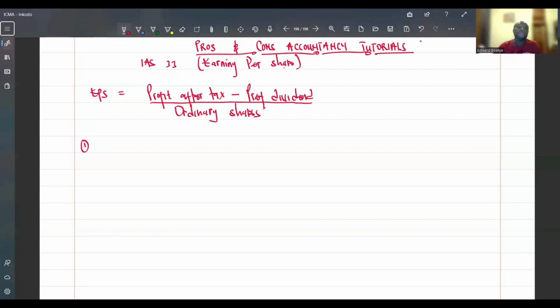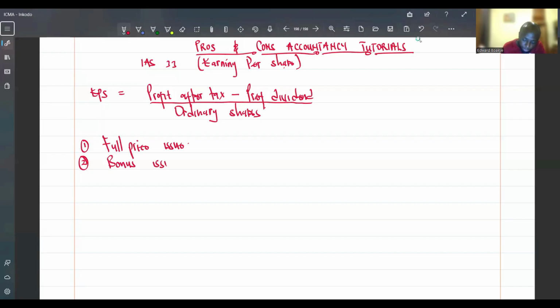And if you issue it at a full price, it is one aspect of earning per share under IAS 33, and therefore we will need to talk about full price issue. One of the things that we also need to talk about is what we call bonus issue.